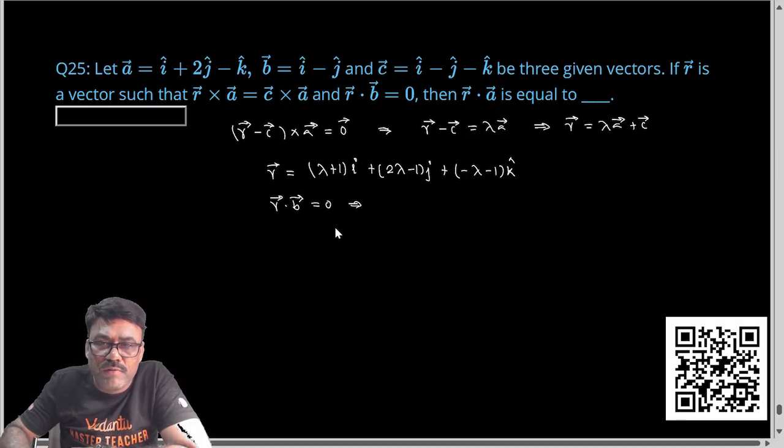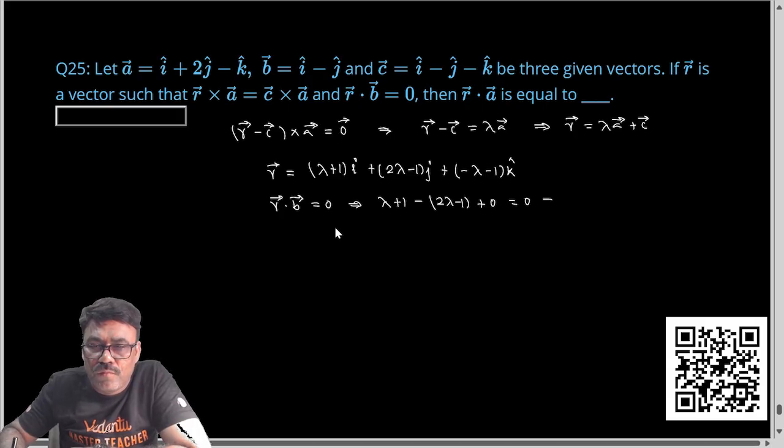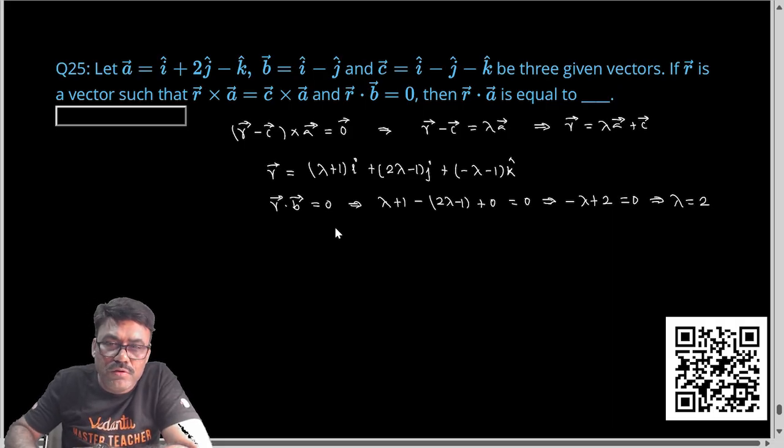So 1 into lambda plus 1 minus 1 into 2 lambda minus 1 plus 0 should be 0. This gives you minus lambda plus 2 is 0, so lambda must be 2. So you got your vector R as 3i plus 3j minus 3k.